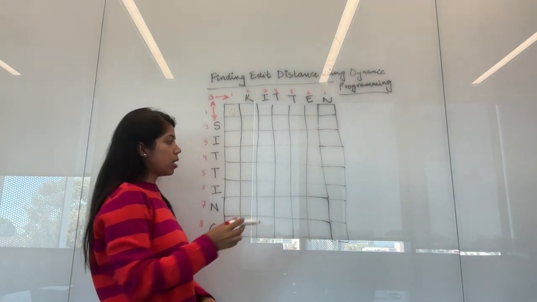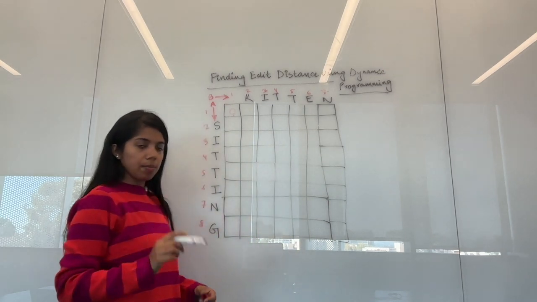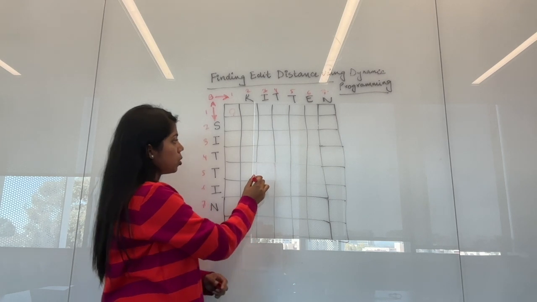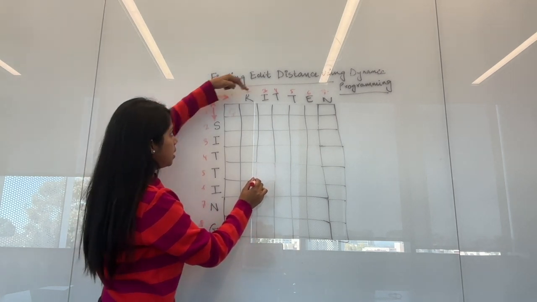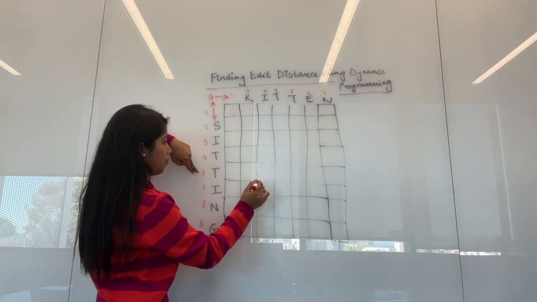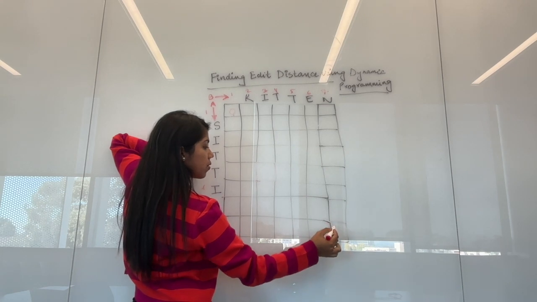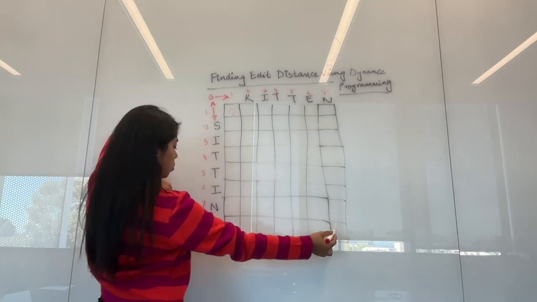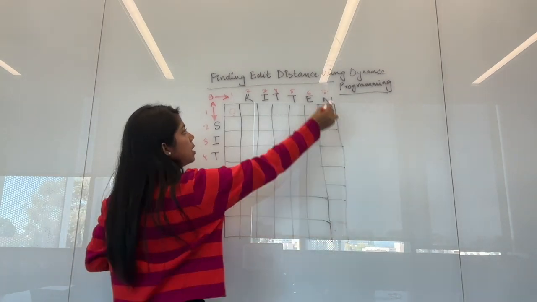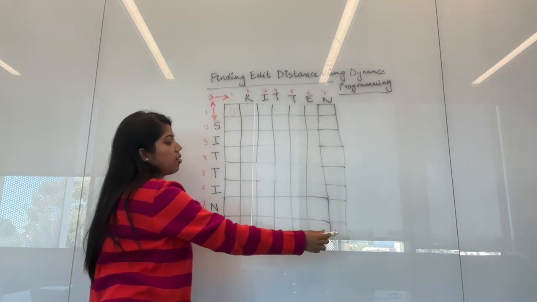Also, I'll explain that this cell, which is one of our subproblems, calculates the edit distance between sequence B till the third column and sequence A till the 5th row, and that's why this particular cell gives us the edit distance of sequence A till the 8th row and sequence B till the 7th column. That means the entire sequence A and sequence B. That means our final answer.